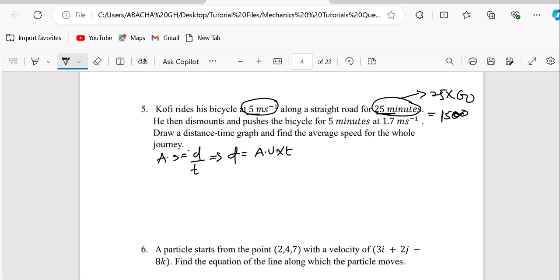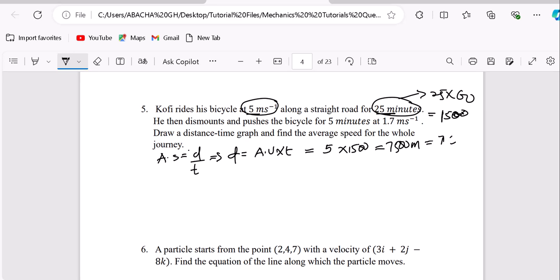So we just multiply these two things: 5 times 1500, and you get 7500 meters, which is equivalent to 7.5 kilometers.